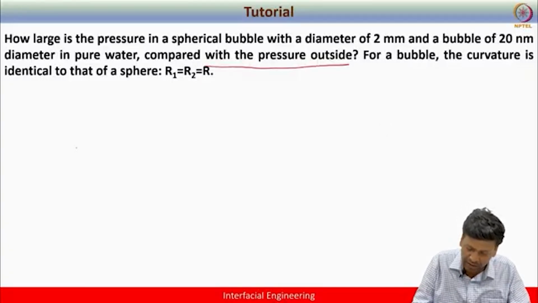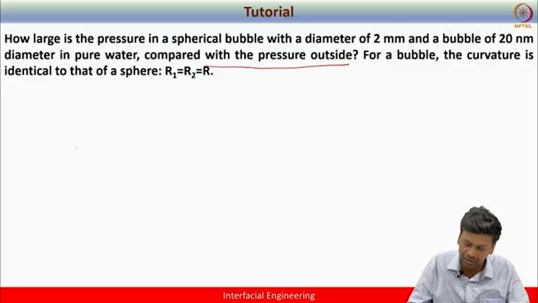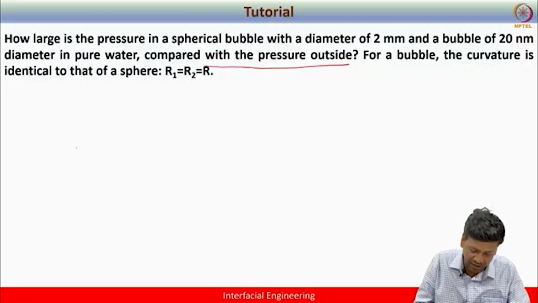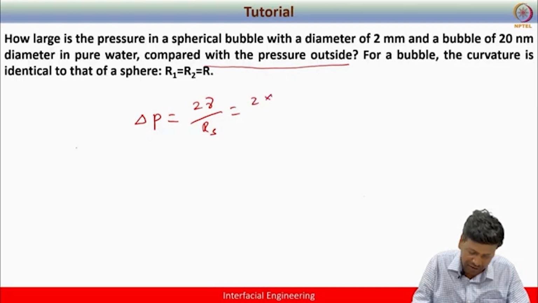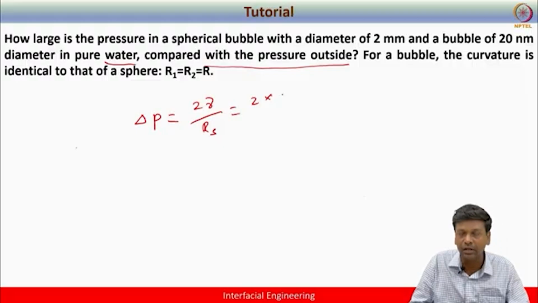So we know it's spherical geometry, so we can straight away take the compact equation, that is delta P is nothing but 2 gamma by R. Which is nothing but 2 into gamma, and for pure water, the air-water interfacial tension in this case will be 72 millinewton per meter.